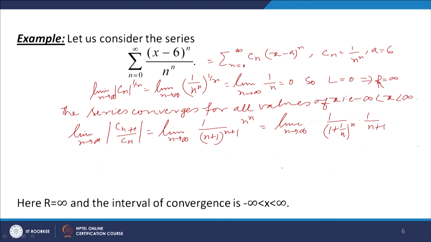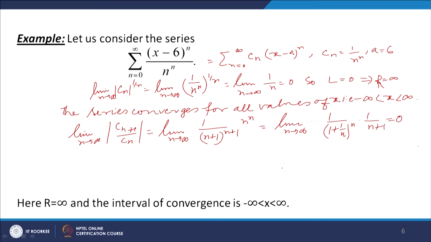So, when we apply the ratio test, we have to find limit n tends to infinity mod of C_(n+1) over C_n, and what we get is n^n over (n+1)^(n+1), which you can write as n^n over (n+1)^n times 1 by n+1, which is 1 over (1 plus 1 by n)^n into 1 by n+1. So, as n goes to infinity, 1 over (1 plus 1 by n)^n tends to 1/e, and 1 over n+1 goes to 0.